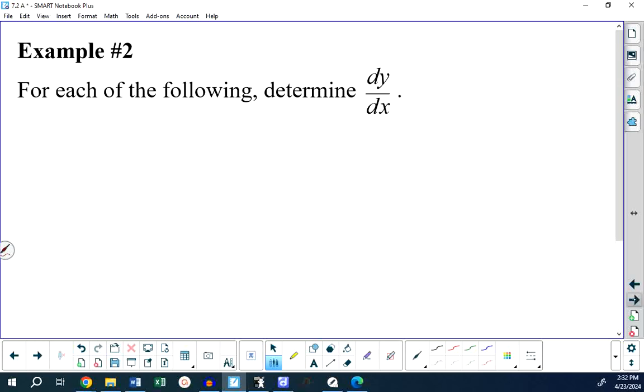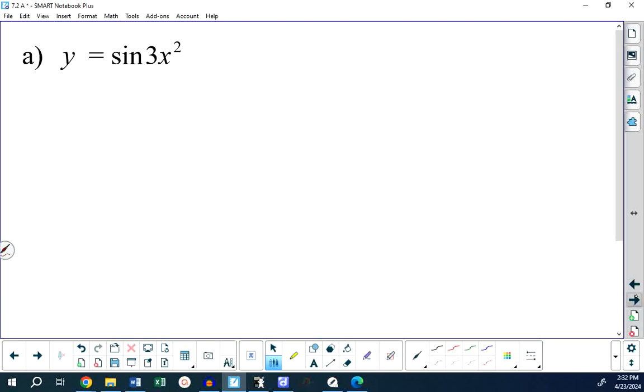All right, so determine each dy dx for each of the following. Sine of 3x squared. We know, and you will get to know more and more that this is the case, that this means that 3x squared is the argument of sine. If that squared was intended to be the squaring of the trig ratio, then you would see sine squared. So what is the derivative?